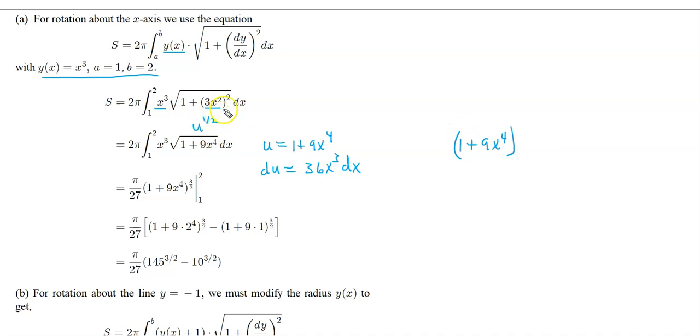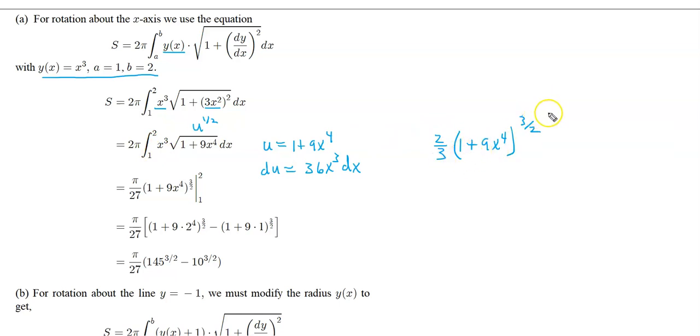If we add 1 to 1/2, we of course get 3/2. So we know that the antiderivative of this is going to be some multiple of 1 plus 9x to the fourth to the 3/2 power. However, if we were to differentiate this, we would drop the 3/2 down, but we don't want a 3/2. So we would have to multiply this by 2/3.